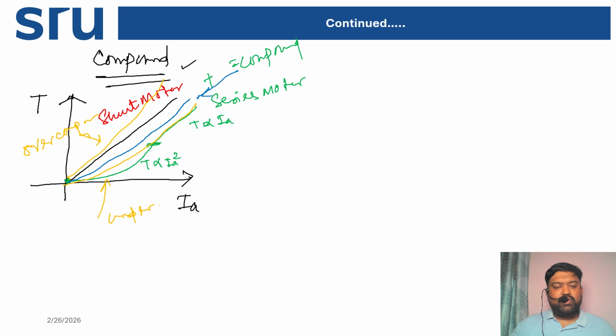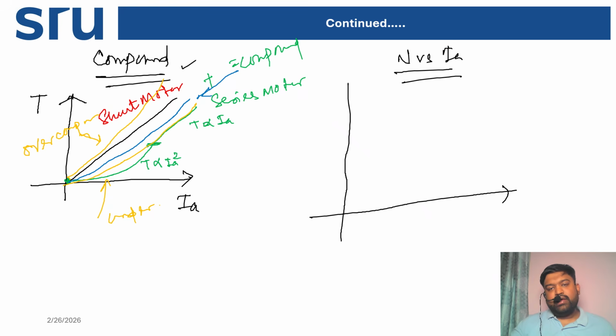Now come to the speed versus current. First point: if this is the speed, initially what we derived is that speed will gradually decrease, right?